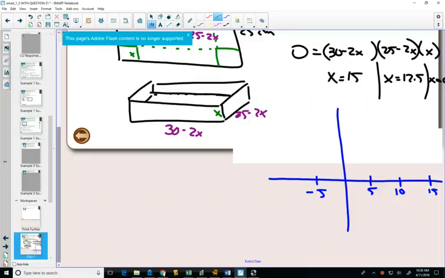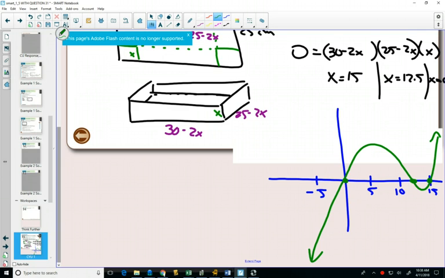We know that we have an x-intercept at 0, one at 12.5, and one at 15. We know that it acts like a line with a positive slope, so its end behavior would start down here, straight through, no multiplicity, straight through, straight through. Make sure you're not suffering from parabolitis. And there we have our graph.